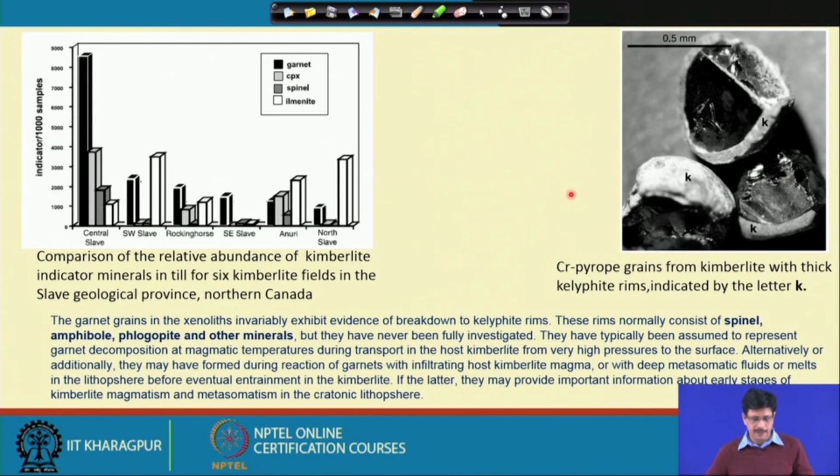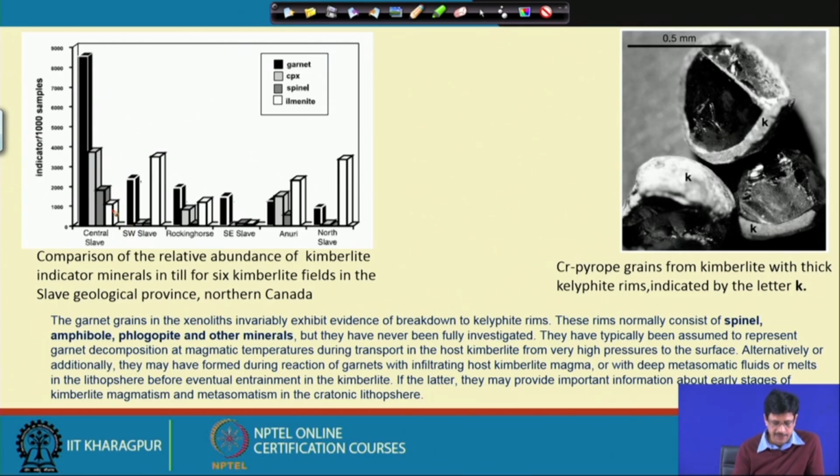So, here are some of the features which are important. Here it gives a comparison of the relative abundance of kimberlite indicator minerals from the 6 deep kimberlite fields in one of these diamond fields from Canada. The dark one is for garnet, this is for clinopyroxene, this is spinel, and this is ilmenite.